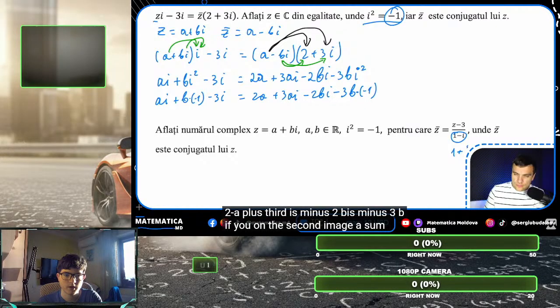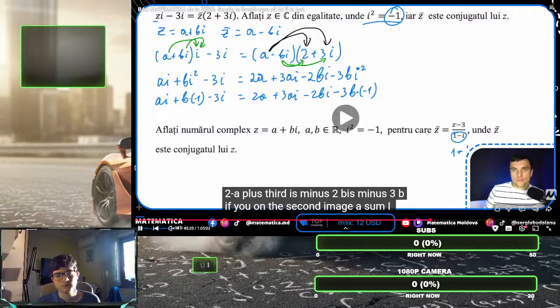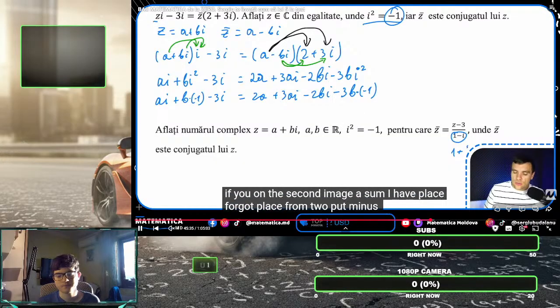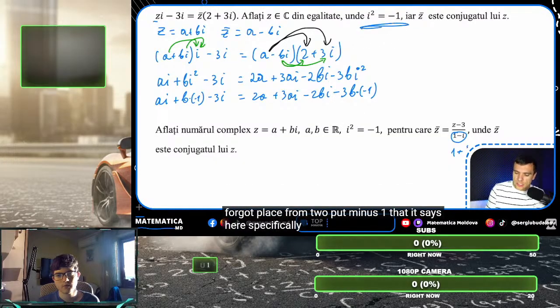So now it's going to be ai minus b minus 3i, plus 3b. And now he's just going to split the a and b terms to one side and the i terms to another side, or he's going to equal it with 0. I'm going to find out later. Whatever, something like that.